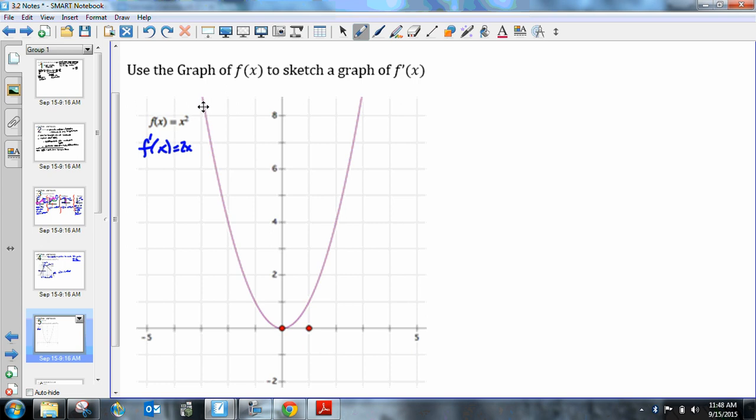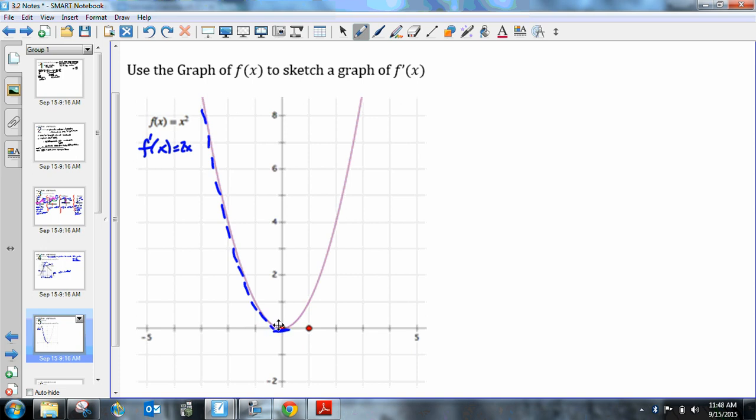I'm going to graph the tangent lines at each one of these points. As I move from left to right, my slopes are negative. They're all negative, but they're getting less and less steep until they get to this point down here, which is a 0.